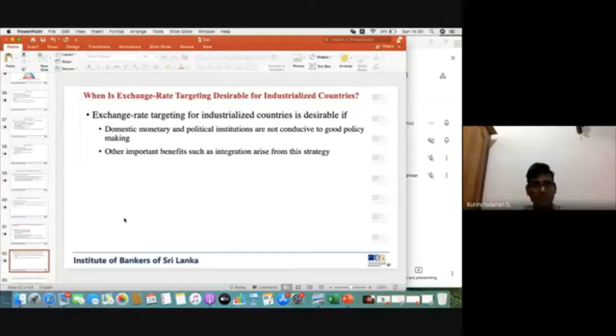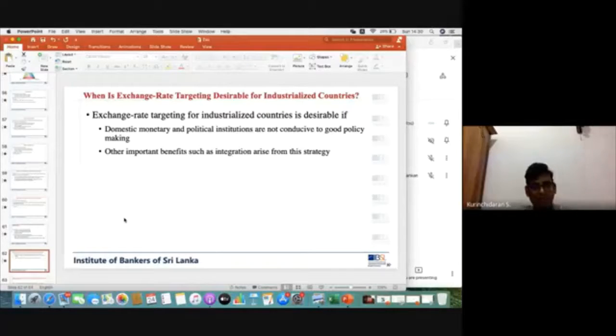Okay, there's a question in the textbooks: when is exchange rate targeting desirable for industrialized countries, right? If you take industrialized countries, they do more exports and imports, right? So when is exchange rate targeting desirable? An exchange rate target is desirable if domestic monetary and political institutions are not conducive to good policymaking, right?